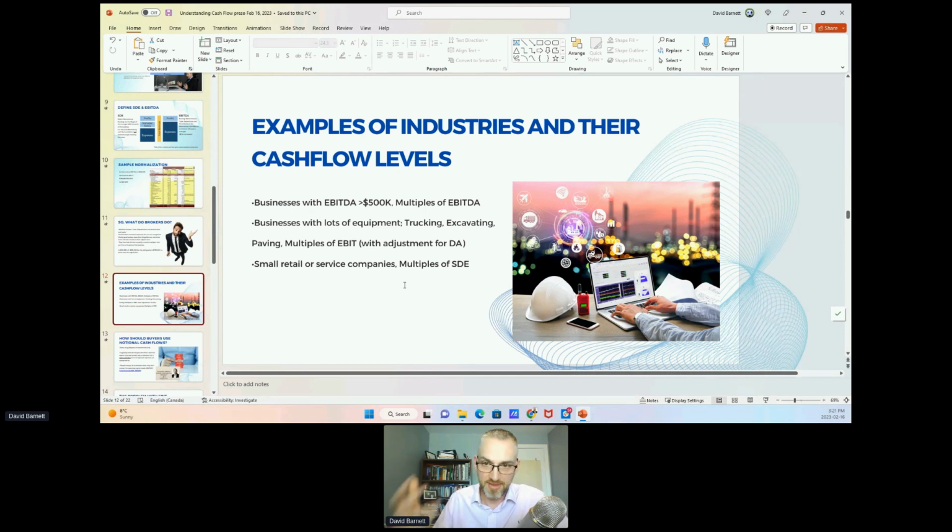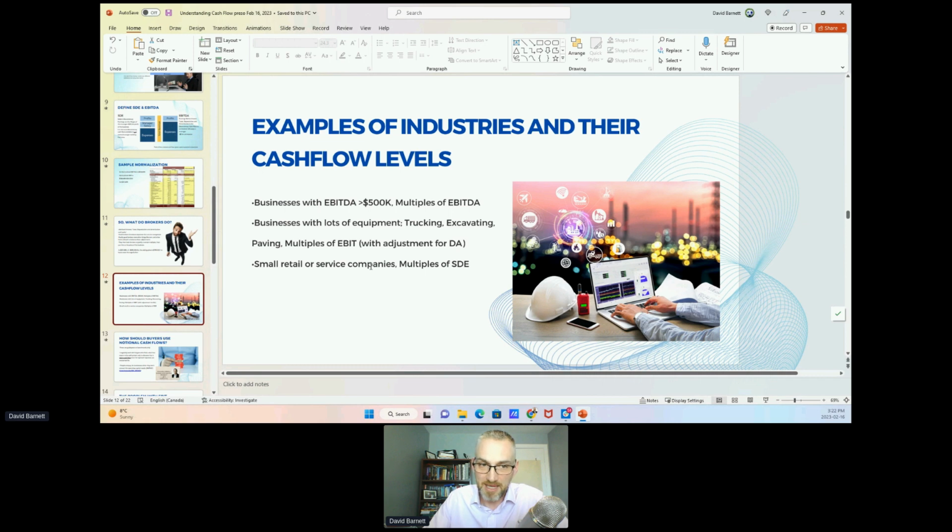So there's thousands upon thousands of laundromats that have been sold, and those transactions have been recorded, and they're all recorded as multiples of SDE. So if we want to examine the marketplace and find out what other businesses have sold for, we're going to be looking at multiples of SDE. But businesses with lots of equipment, things like trucking companies, excavating companies, paving companies, they have a lot of real cost related to equipment, and equipment wears out and needs to be replaced.